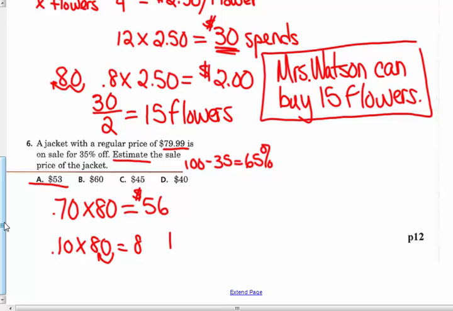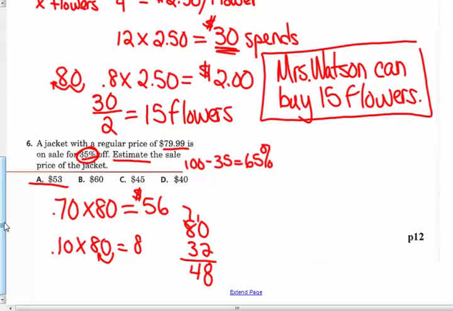So if I round that to 40% off, $80 minus 8 times 4, which is 32, would get me approximately $48.